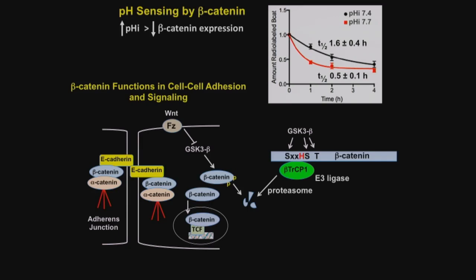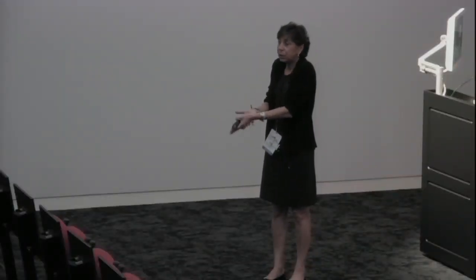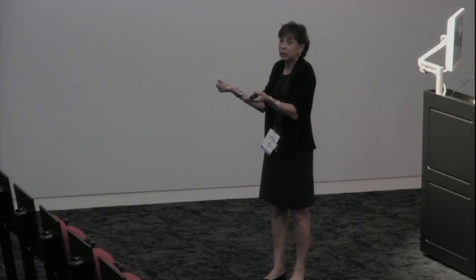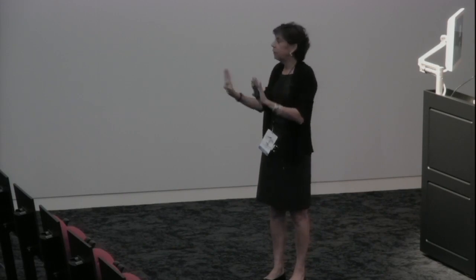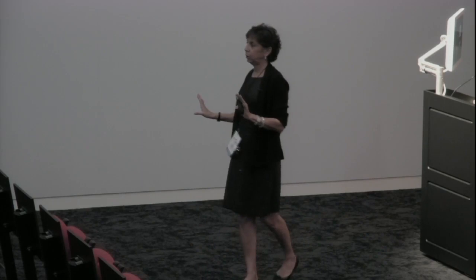So we thought, well, maybe protonation of the histidine at lower pH might prevent phosphorylation, and that would make it more stable. That's not what we saw either. We showed this in vitro and in cells. It has no effect on the phosphorylation.